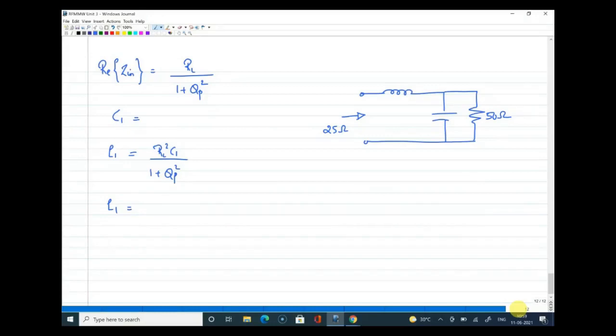Are you guys there? So what are the values of C1 and L1? Usha, are you there?